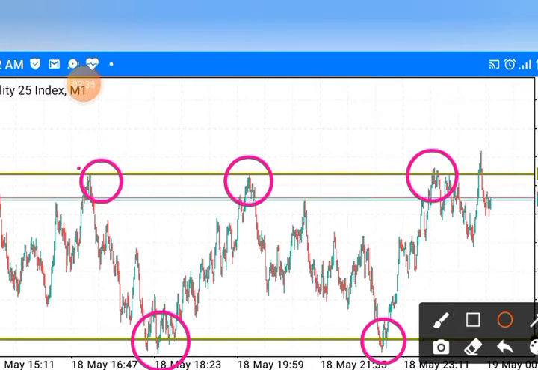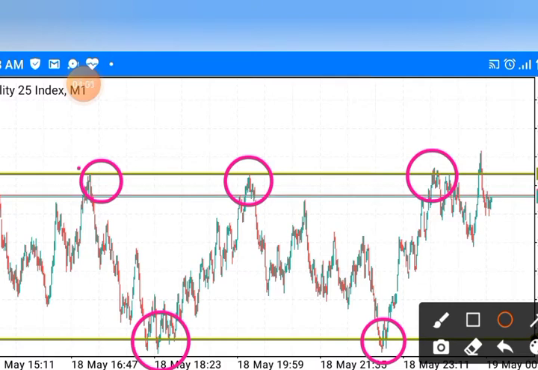Okay, because you can buy support and the support will be broken. You can sell resistance and the resistance will be broken and turn to support. So that is why you have to be very, very careful, and you have to follow the instructions of this strategy in order to use it to make profit.